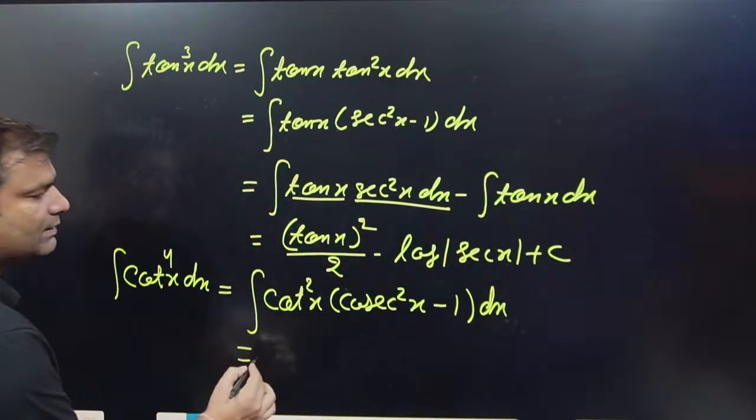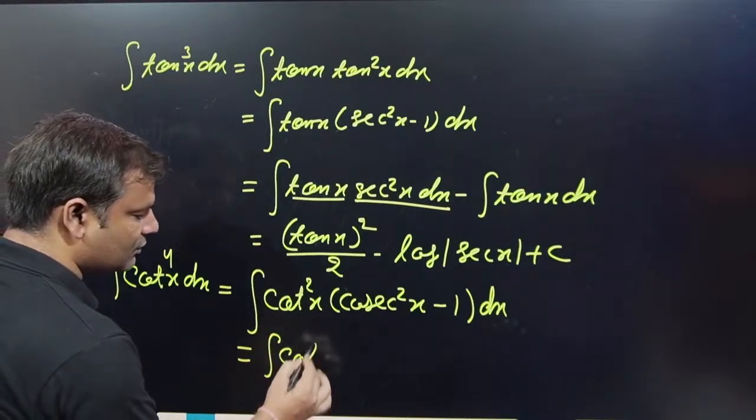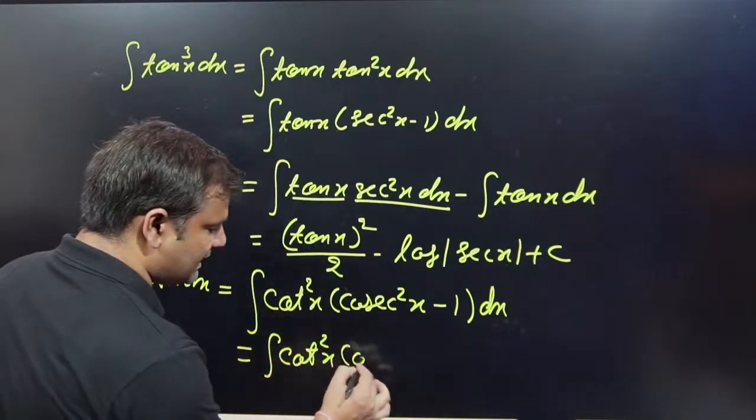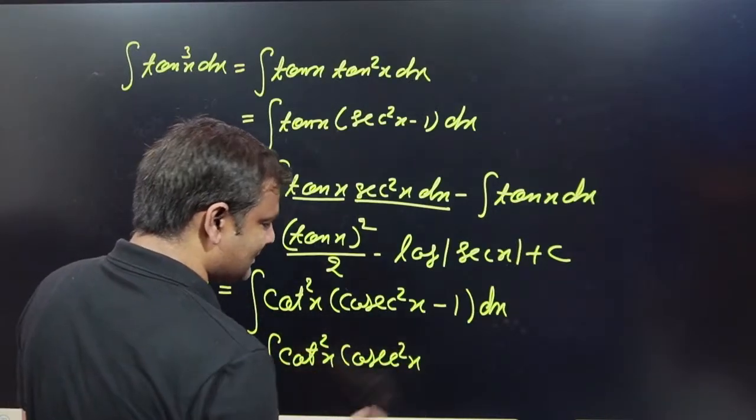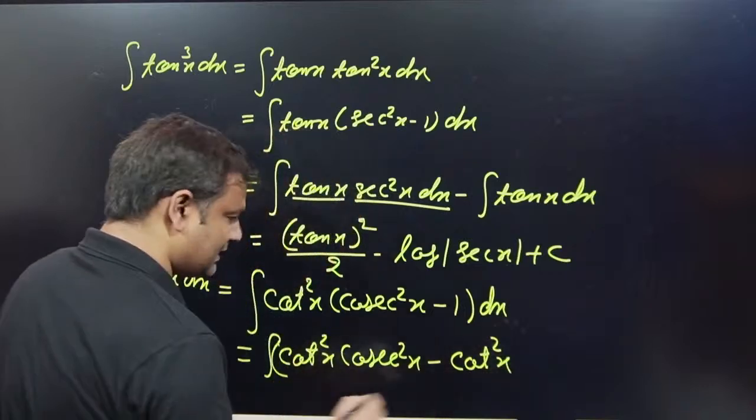Okay. Now again that one is cot x to the whole square into cosec square x minus cot square x into dx.